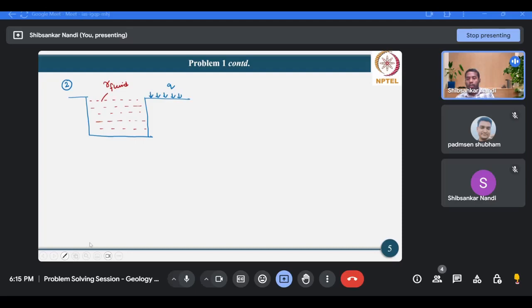Now what will be the change in the active earth pressure? The variation with Z will be (Q plus gamma Z) Ka minus 2C root K.